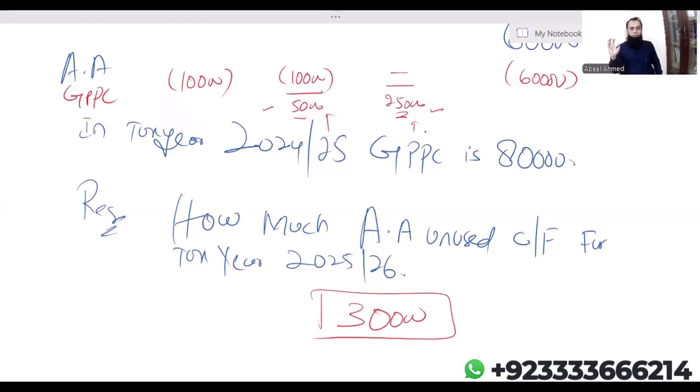And when it comes to the utilization of annual allowance limit, first of all, we use current year annual allowance limit, and then we check, do we have any unused limit in the previous 3 tax years? If yes, then apply FIFO basis on utilizing the unused limit. Okay, now.